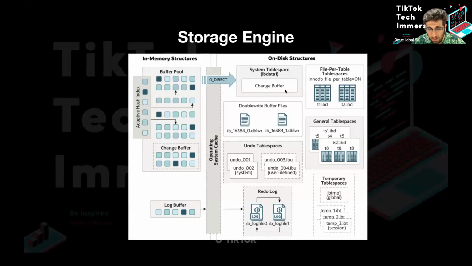So one of the big problems that databases try to solve for you is how do you query things that are on disk as efficiently as possible, because disk access is kind of slow. And this is going to be a recurring theme in this part of the talk, right?